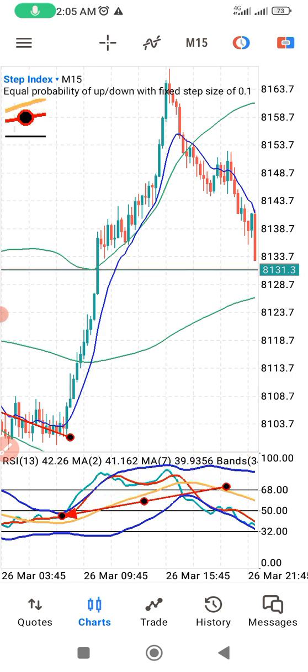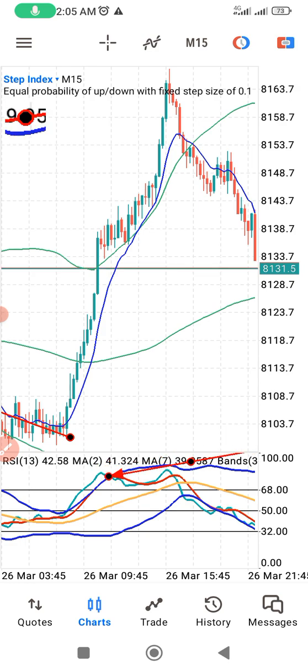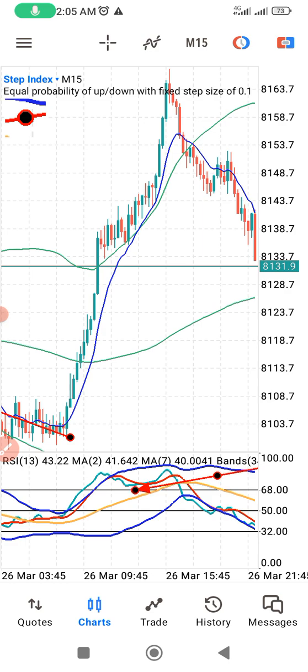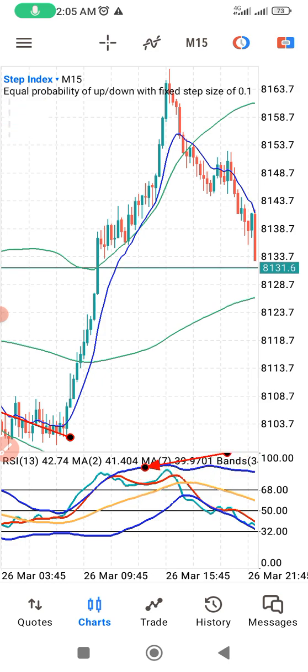And when the shark dives out of the water, since it cannot survive without the water, it has to return back inside the water in order to survive. And that is why whenever we see this curve returning back inside the Bollinger Band, it is a shark fin for us as traders. And that is what it means.